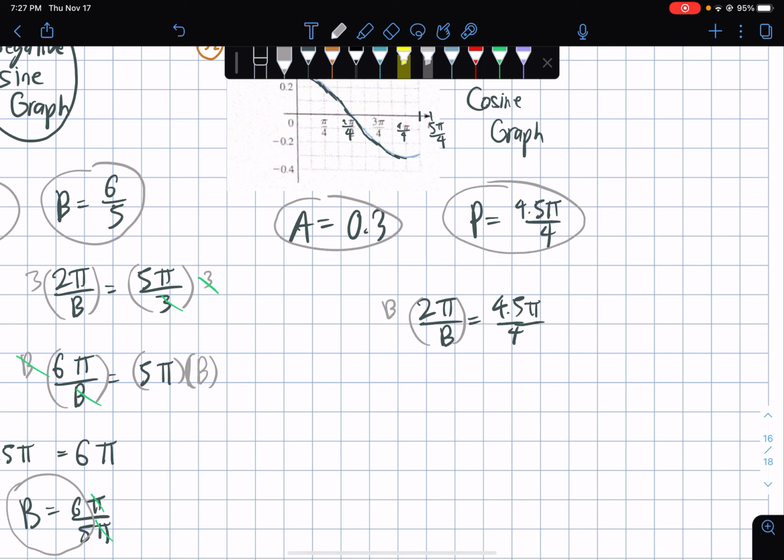Multiply both sides with b, I guess. Apologies for not being sure with my procedures here.